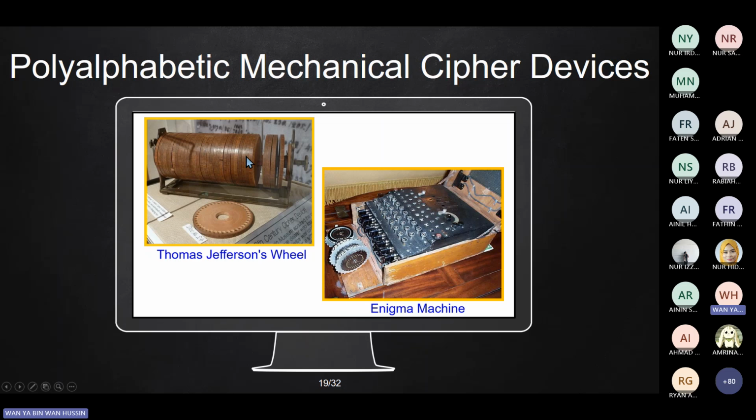The key is the sequence of this. The key also here, it has some of this. It applies shift cipher from key equal to 0 until key equal to 25.